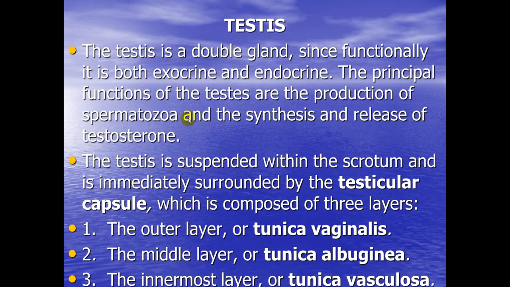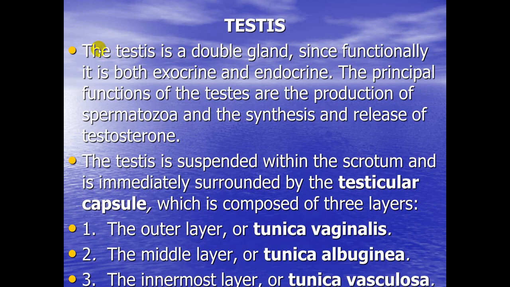So now I'll tell you about the testis. As you saw, the testis is a double gland, and functionally it is a dual gland. It is both exocrine and endocrine.